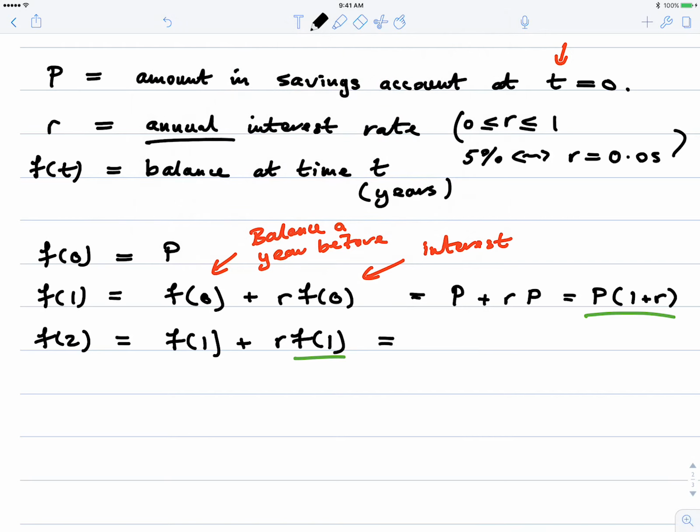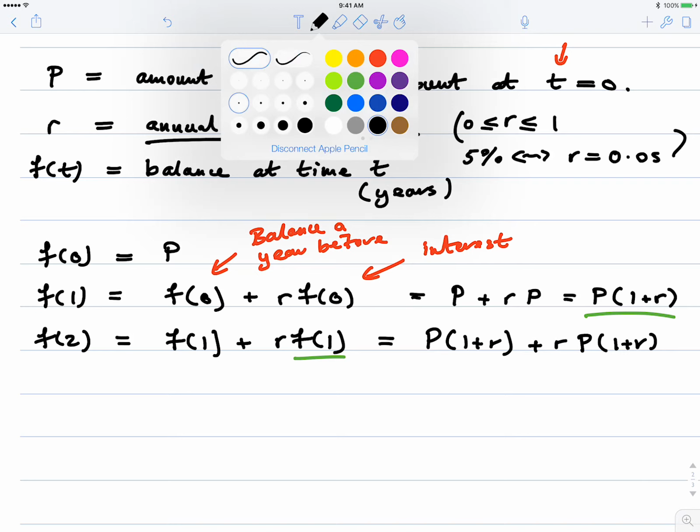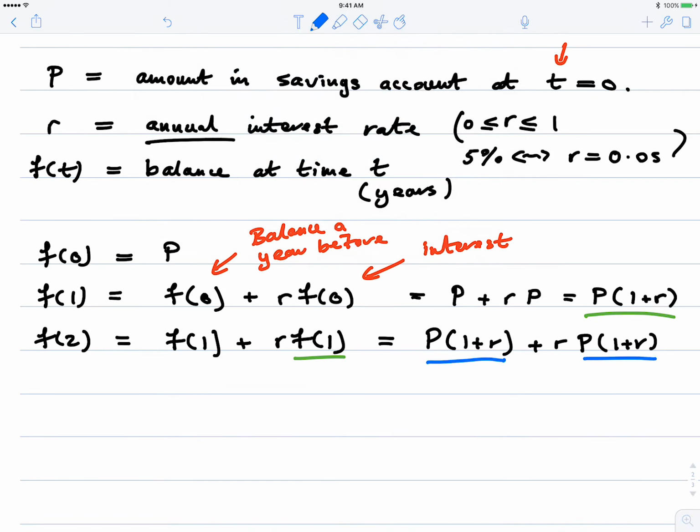I'm just going to blindly go through this. This is going to be p times 1 plus r, times p times 1 plus r. Now that's a nasty looking piece of algebra, but let's look closely at this. This number here and this number here are exactly the same. So I can pull off the same trick as above. I can pull out a factor of p times 1 plus r.